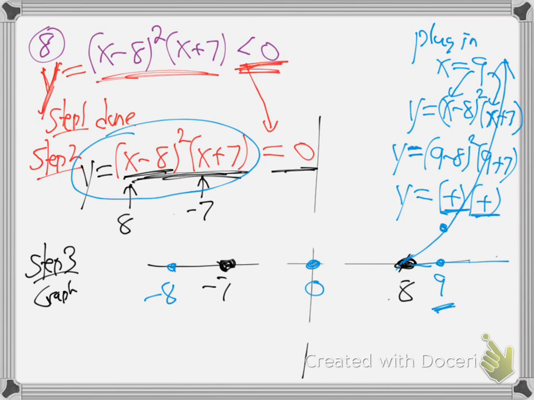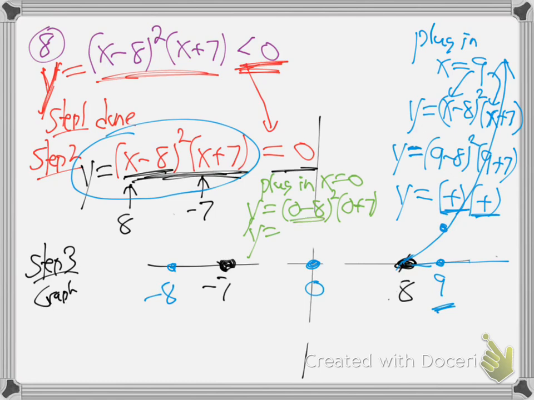So now let's go to the middle. In the middle section, I'm plugging in x equals 0 to the function. So y will equal 0 minus 8 squared times 0 plus 7.